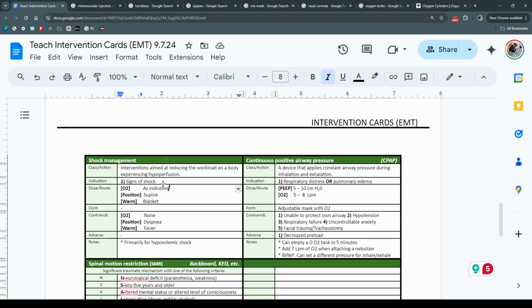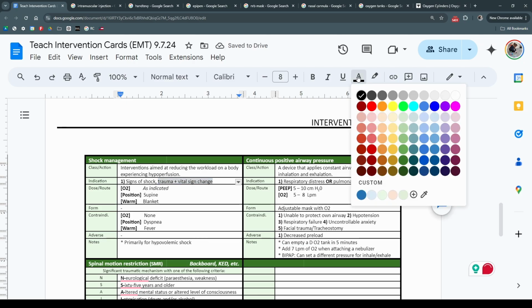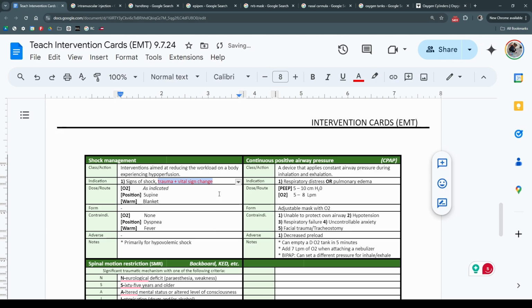These might be patients whose heart rates are increasing to make up for blood loss. There's a whole myriad of different things. If I've got somebody experiencing changes in vital signs due to a traumatic event, trauma plus vital sign change is probably the simplest way to say it. That's going to cover 80% of the times you should do this.